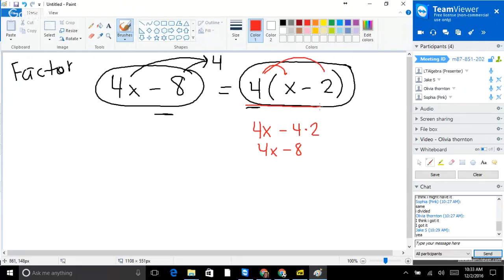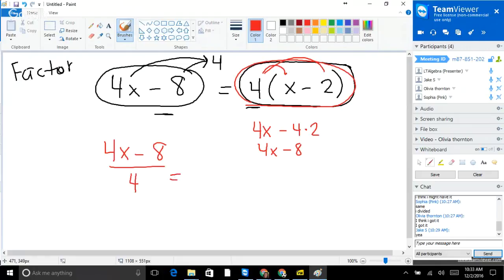So this is our ultimate goal of what we're trying to do. But let me re-explain why that had to do with the dividing. What you're going to try to do is figure out, okay, I have 4x minus 8. I think I have a 4 in common with all of those.